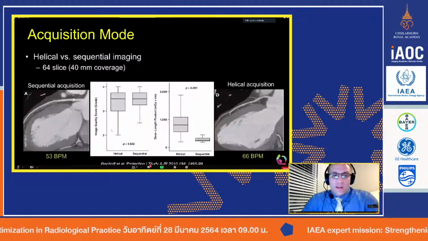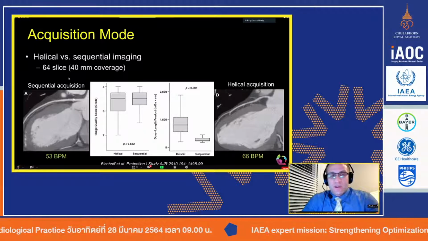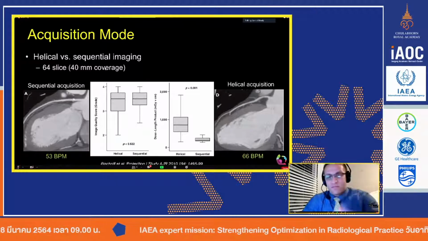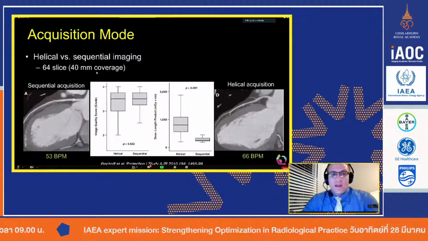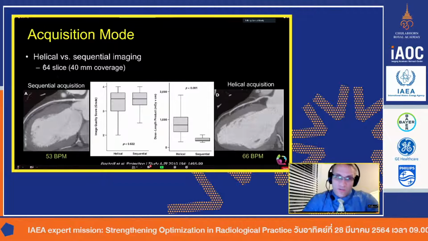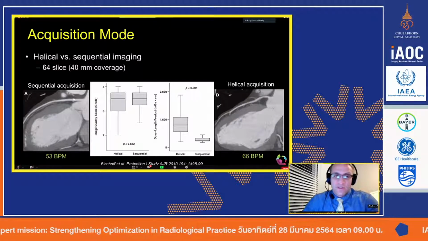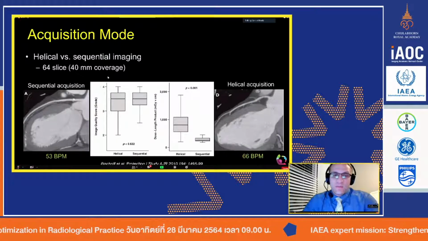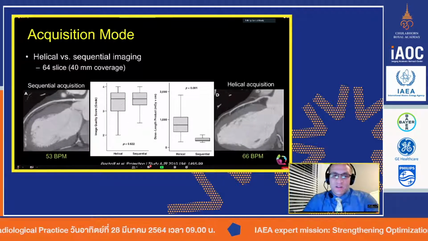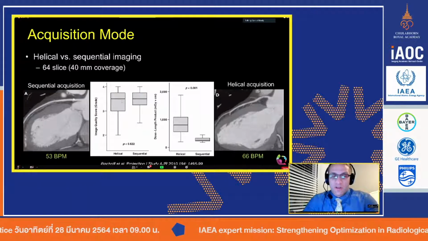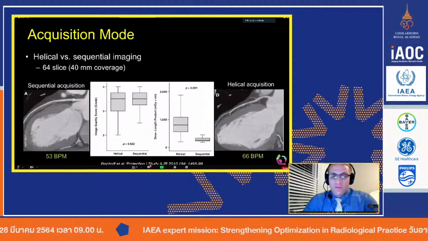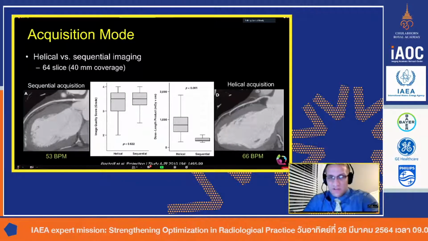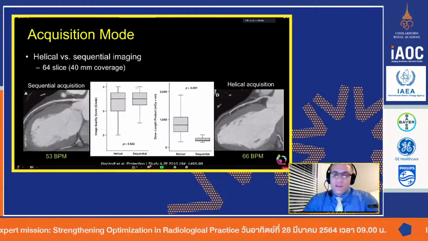All right, so is there a difference if we're acquiring the data using a helical low pitch versus a sequential single spin? In the olden days, or traditionally, if you still have 4 centimeter coverage, so 64 slice scanners, when you looked at the image quality, acquiring the image in helical versus sequential, or these axial step and shoot acquisitions, the image quality was basically the same.